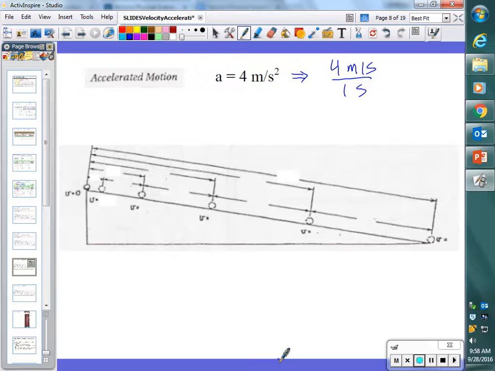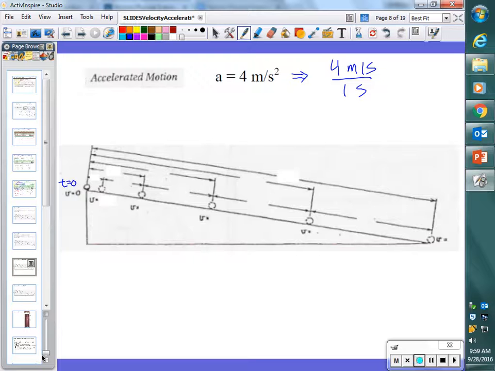So in this picture, just like the picture of the bicycle rider from the previous one, these pictures each represent where the ball is at 1 second intervals. Up here at the top of the ramp, this is time 0. This is right when we let the ball go on the ramp.